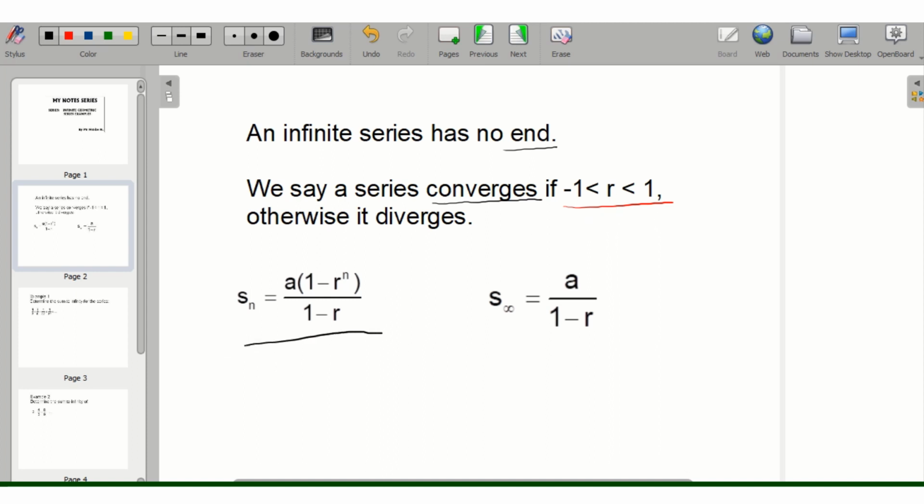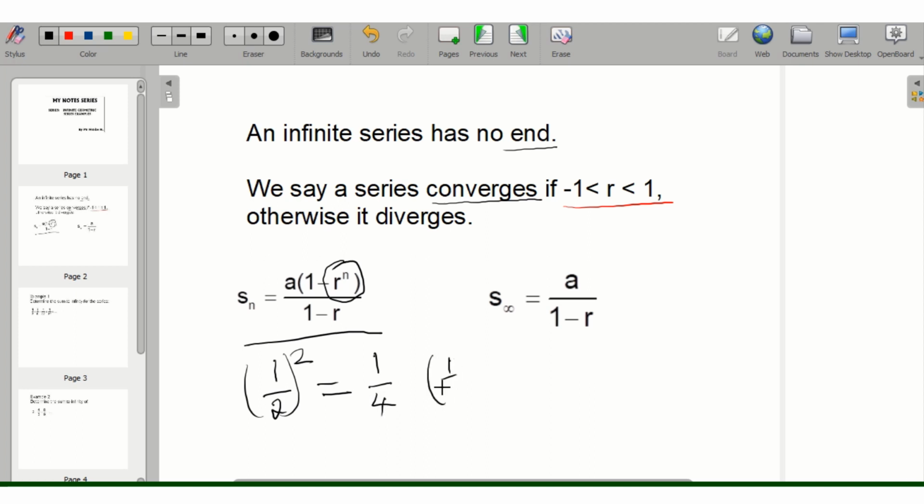So looking at this formula, this is the formula that we use to calculate the sum to n terms for a geometric series. Now let us look at this particular term, r to the power n. Given that we have a fraction, let's say 1/2, if it is raised to power 2, that will give us 1/4.